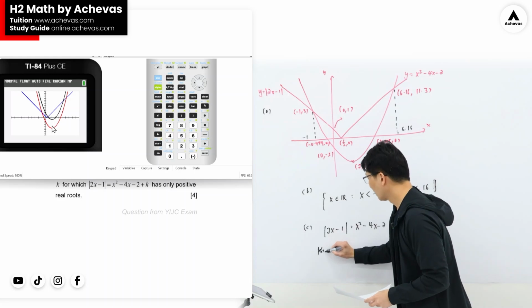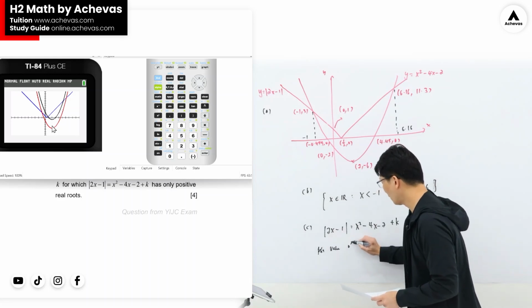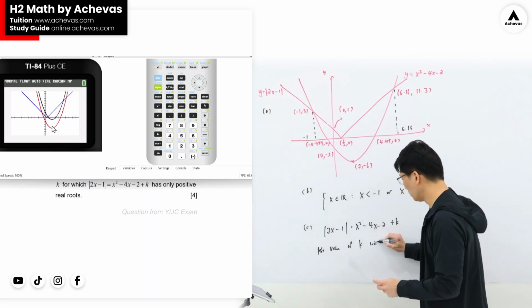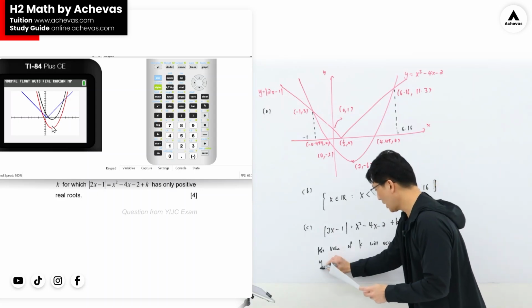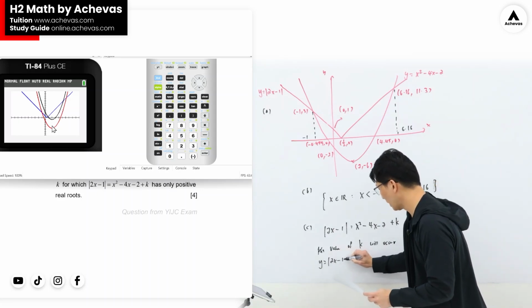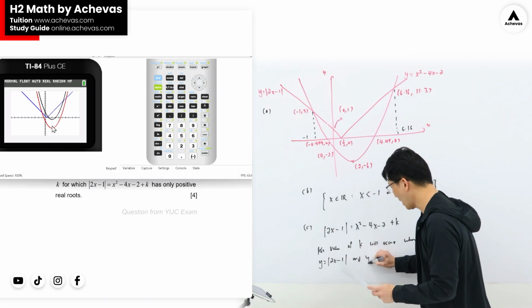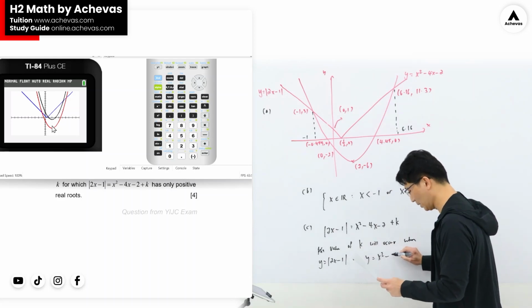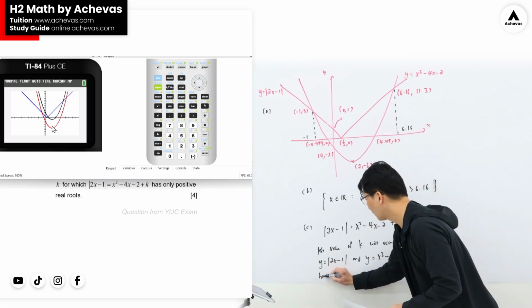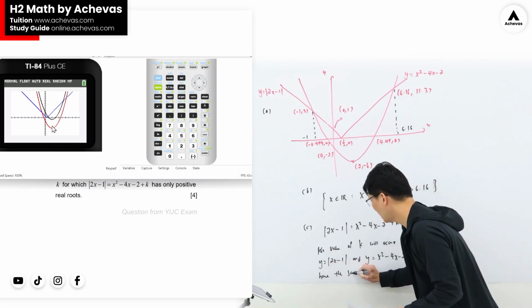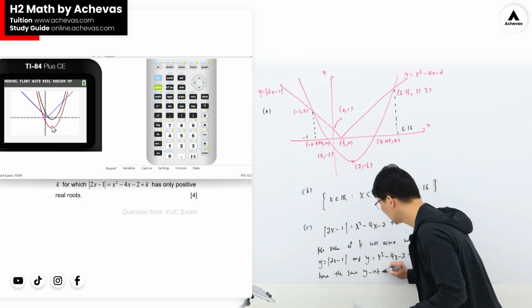So I know that this critical point happens when it's 0, 1. So I can say something like this. Minimum value of K will occur when y equal to modulus 2x minus 1 and y equal to x squared minus 4x minus 2 plus k have the same y-intercept.